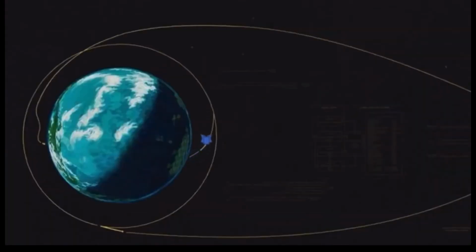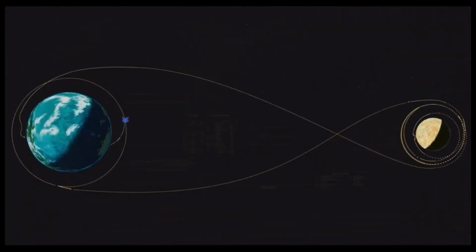So when the rocket leaves the Earth's orbit, it will circle the Earth 2 times because this step is so important. If we do not do this step, the whole rocket will fail to get to its destination and the whole mission will not proceed.